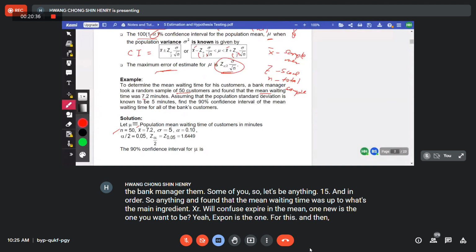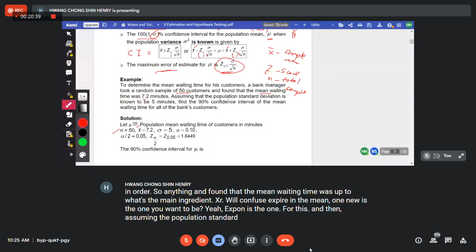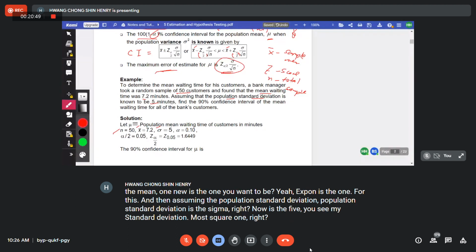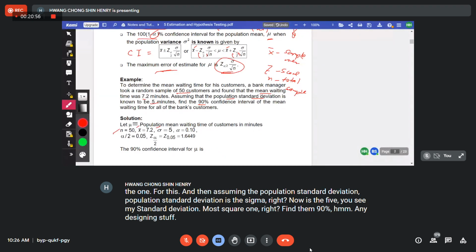And then assuming the population standard deviation, the sigma, is 5, you see? Sigma is 5, right? Standard deviation, no square, right? Remember, chapter 2? And find the 90% CI. 90% means what? What's the alpha?